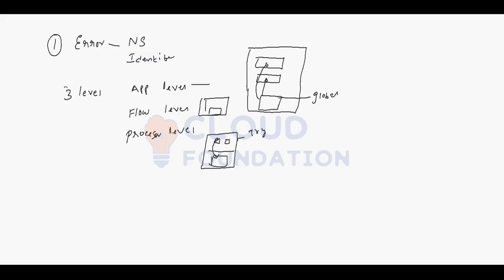But I forgot, how do you define the errors at the application level? Sure, I'll show you in a moment. When you drag the listener, that is the flow level, isn't it? Yes, the flow level. But how do you do it at the application level?